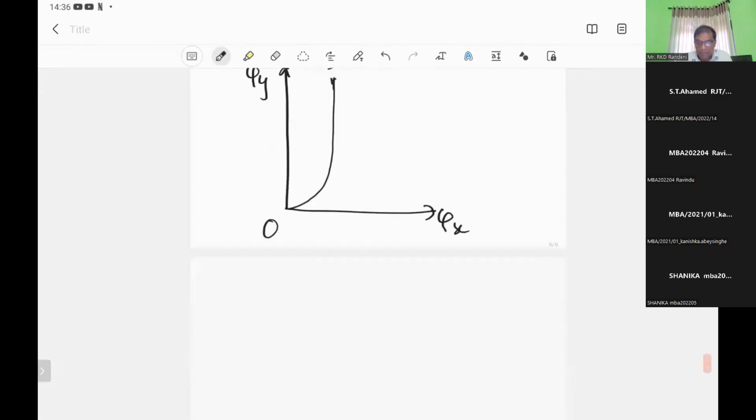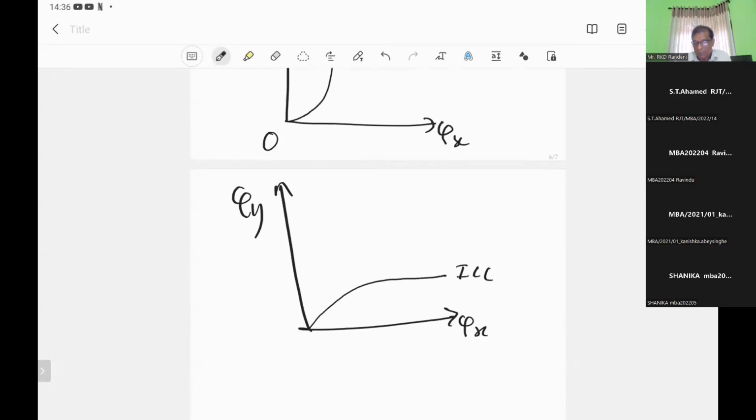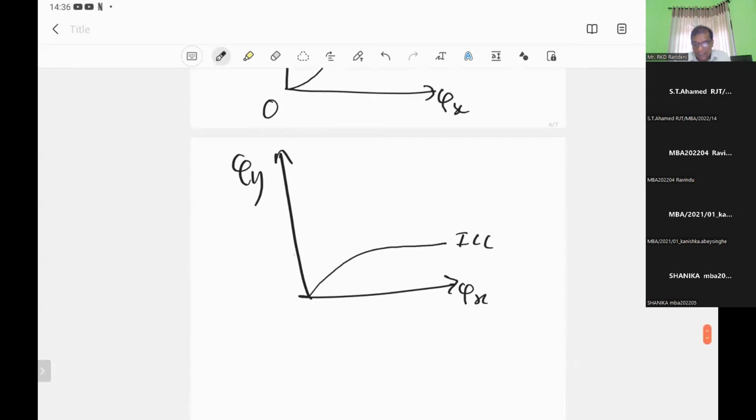Then here, quantity Y, quantity X, ICC. Then good X is necessary... no, good Y is necessary, and good X is luxury. Right.